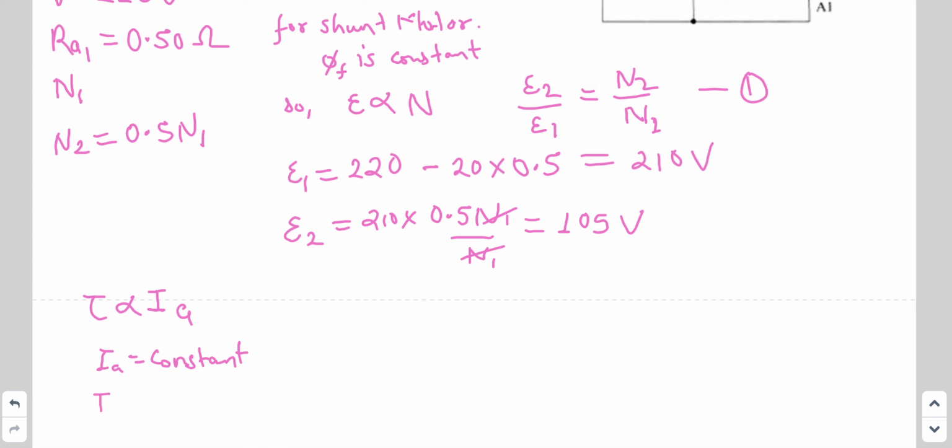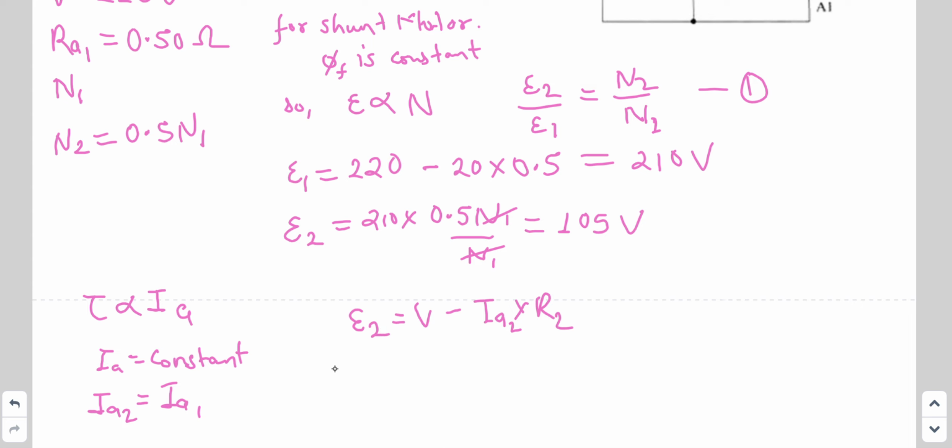So Ia2 will be equal to Ia1. So now we can calculate the resistance required by applying the KVL rule. So E2 will be equal to V minus Ia2 into R2, which is the total armature resistance.